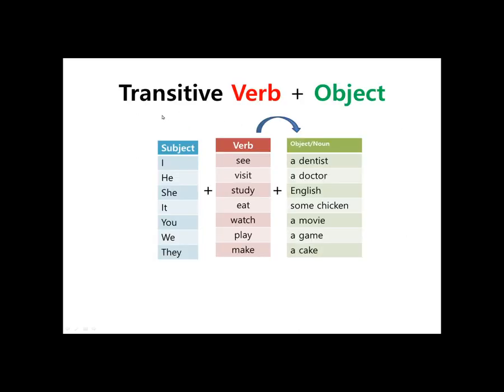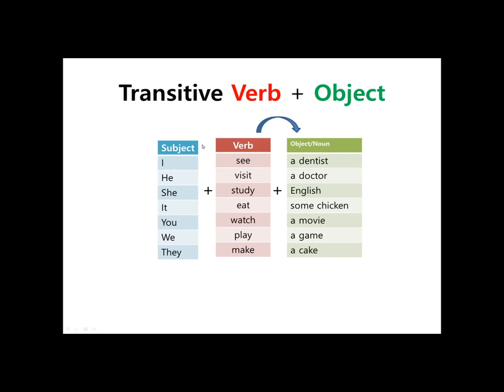Okay, so let's look at transitive verbs and objects. Look at this grammar table. First we have the subject: I, he, she, it, you, we, they. This is who or what we're talking about.